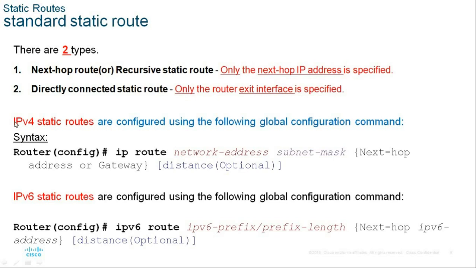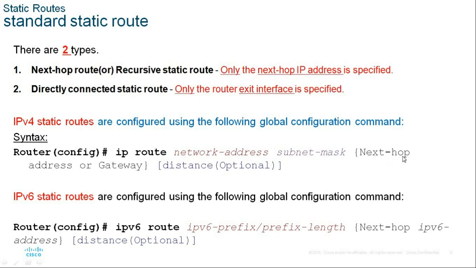How to configure it? See here. IPv4 static routes are configured using the following global configuration command for a next hop or recursive static route. The syntax is IP route, followed by the network address, followed by the subnet mask.